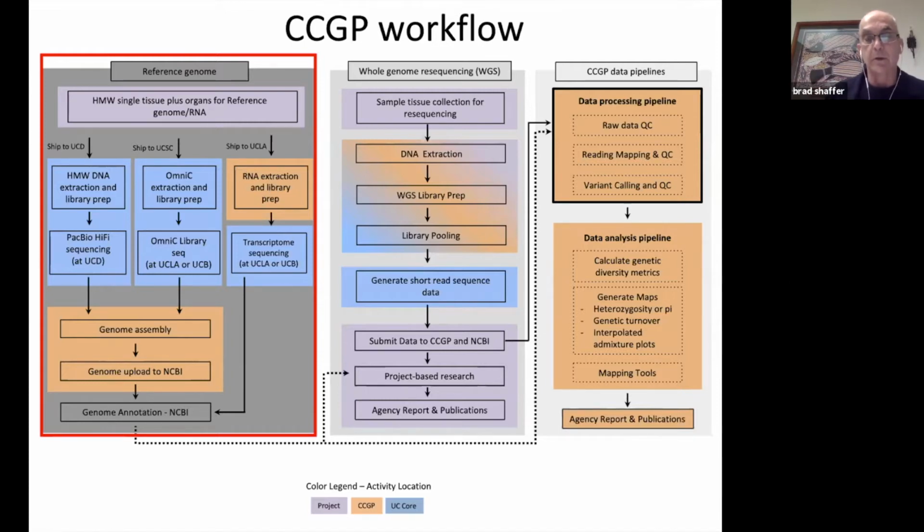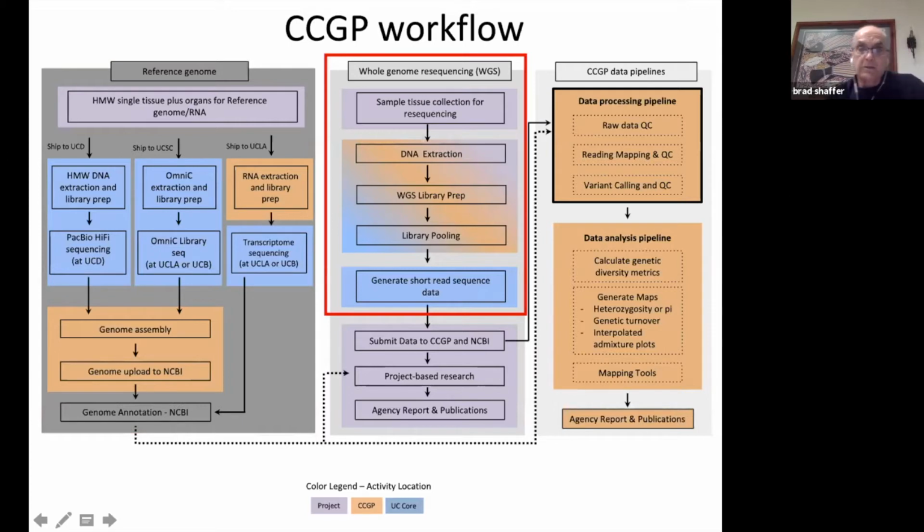Our team and the CCGP picks up the tab for everything from extraction to PacBio sequencing to OmniC sequencing to RNA extraction in libraries, assembly and posting those reference genomes. And Erin will talk more about that in a few minutes.